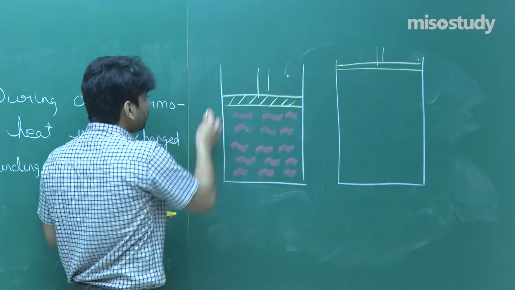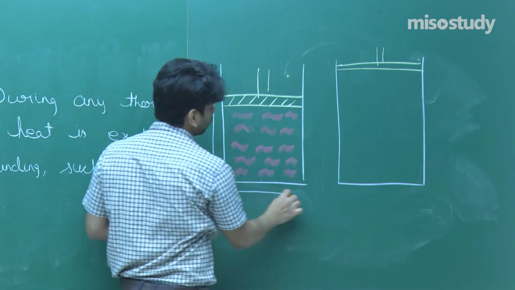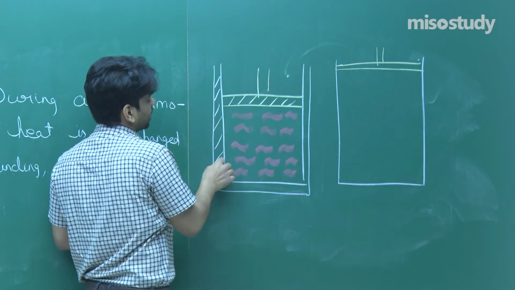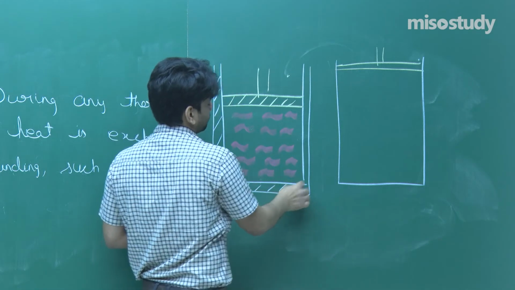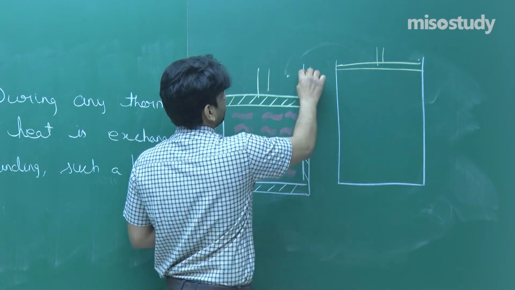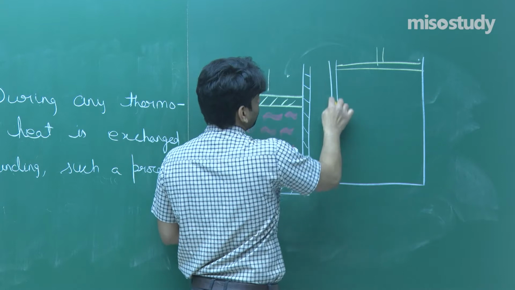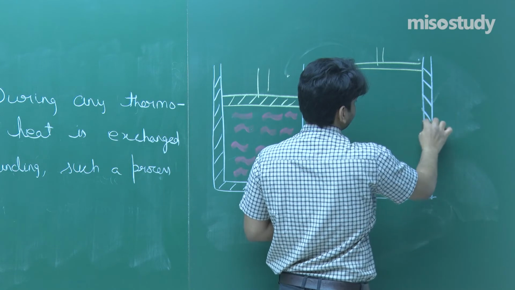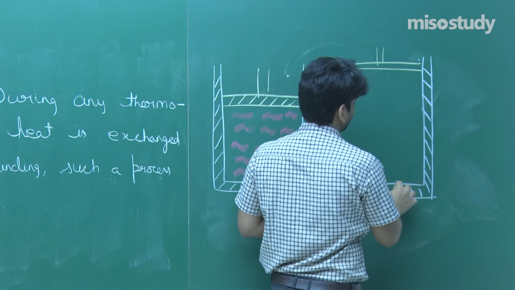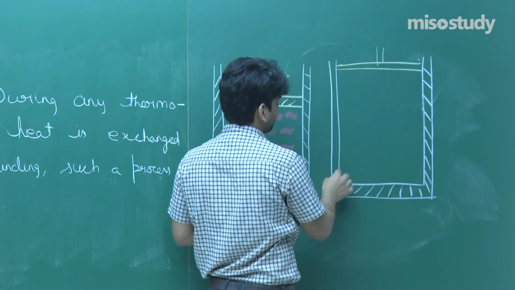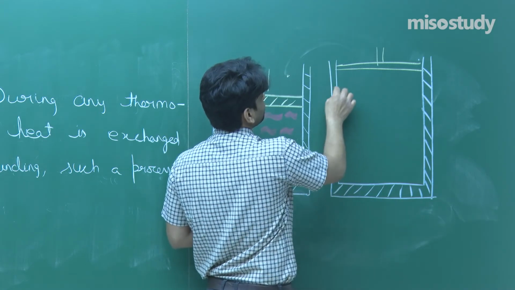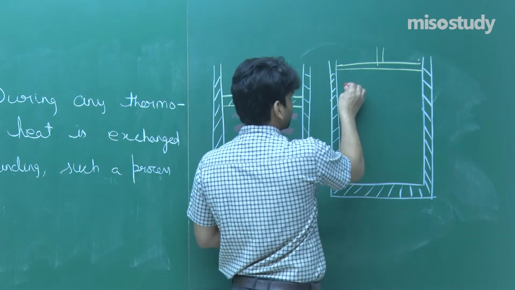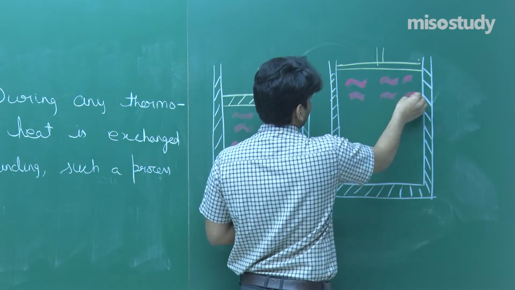So I'm going to put an adiabatic wall on all the side walls of the container in which the gas is kept. So there's an adiabatic wall from all sides, so there will be no exchange of heat, and we can say that the adiabatic process has taken place. If the gas expands, it will do work on the piston due to its own internal energy. Let me show you. This is how the gas has expanded here.